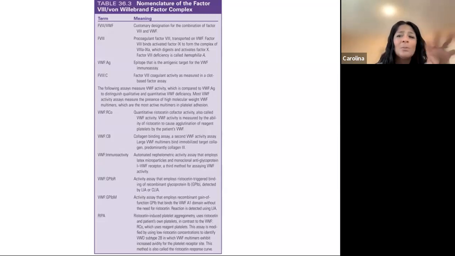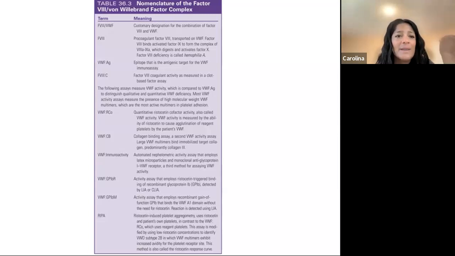So von Willebrand factor is not quite tested in every place, but maybe in a reference lab like Quest or LabCorp, where they have special coag and they can batch samples, you would see this type of nomenclature for testing. So when you see factor VIII / von Willebrand factor, that's a designation for the combination of factor VIII and von Willebrand's factor. I think you already know that.